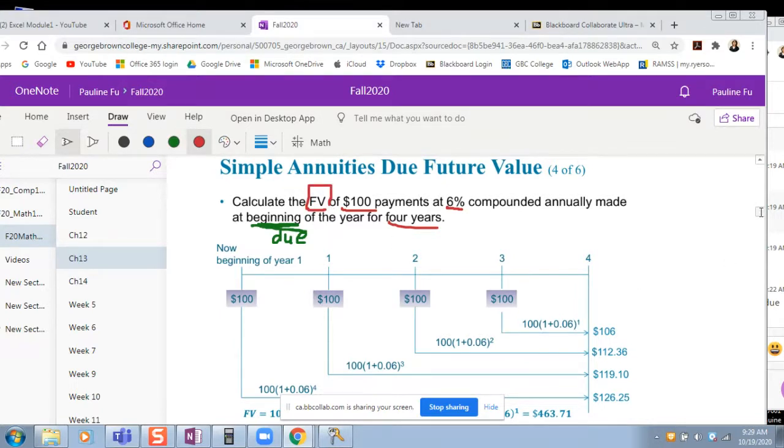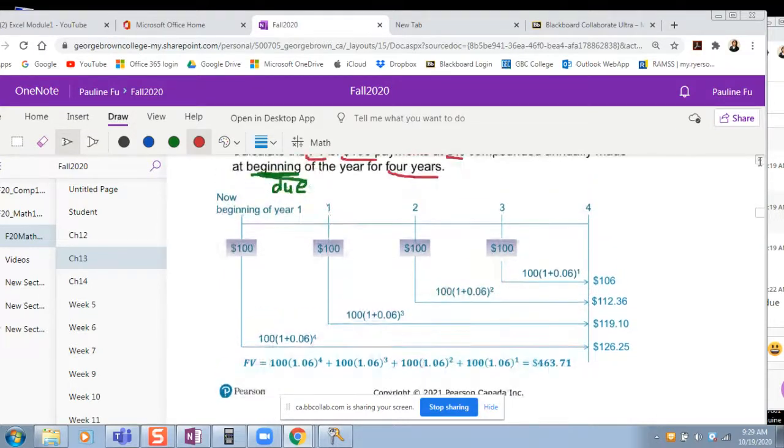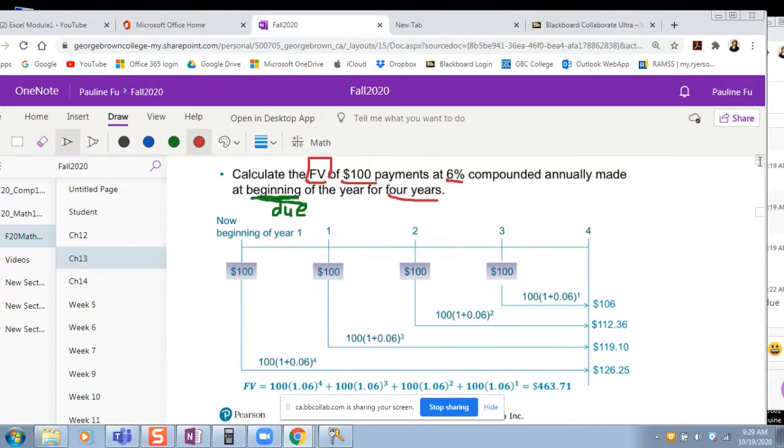So this diagram shows you at the beginning. You made contribution of $100 every year: 100, 100, 100.